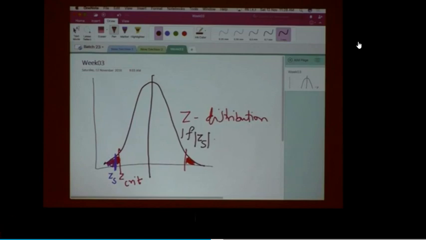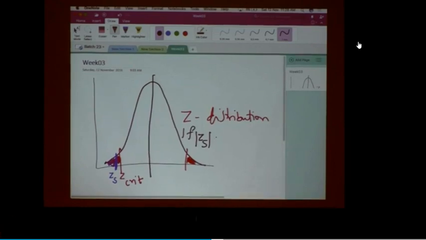Greater than, let's not go with the mathematical. If this is greater than, so it is farther away compared to the Z critical, then reject. Isn't it?